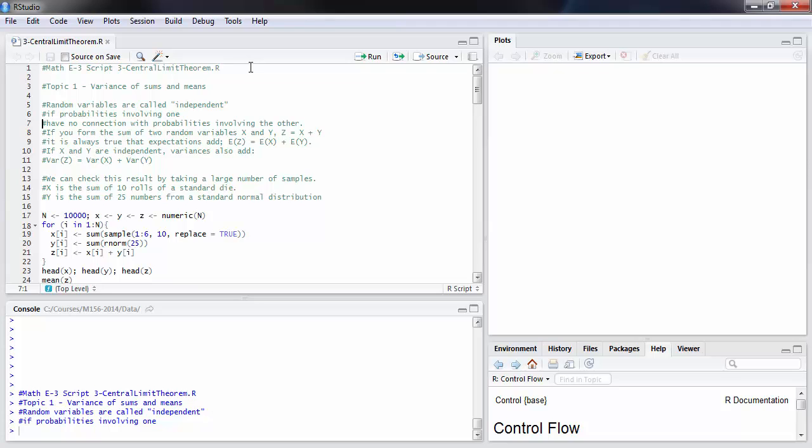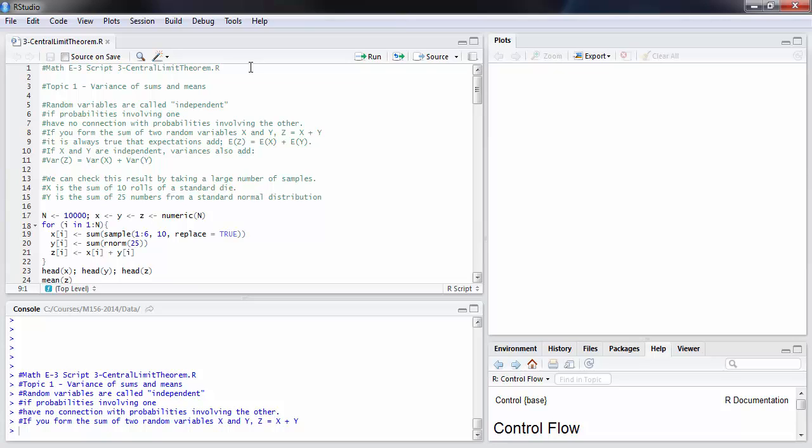In my example, the random variable x will simulate the sum of n rolls of a fair die, while the random variable y will represent the result of selecting 25 random numbers from a standard normal distribution and adding them together.